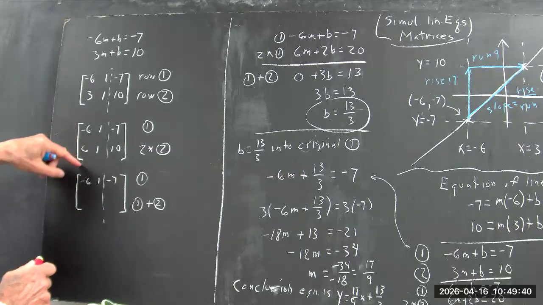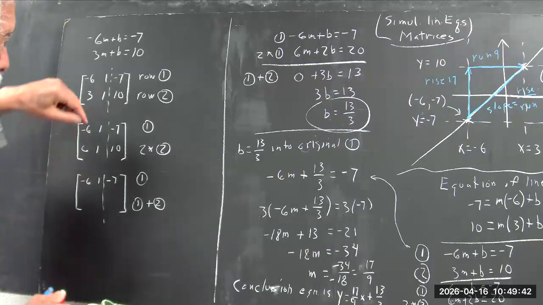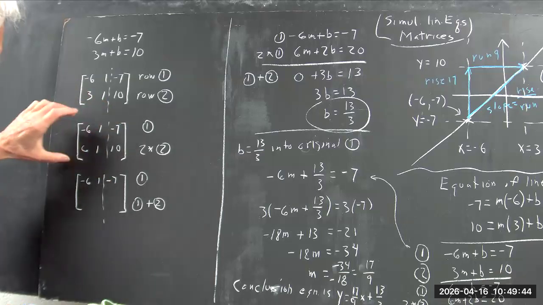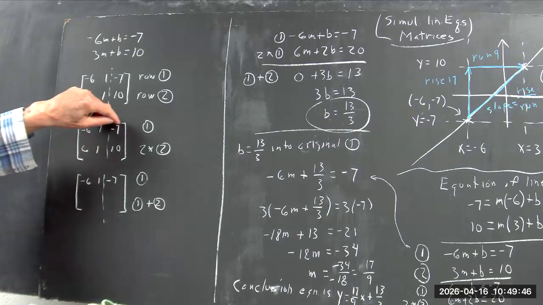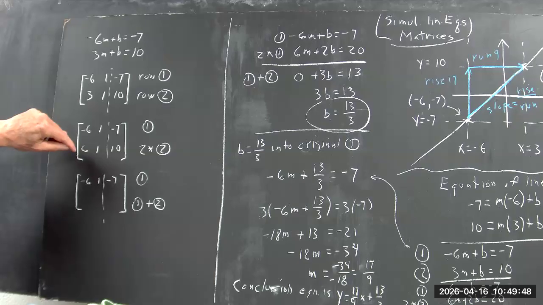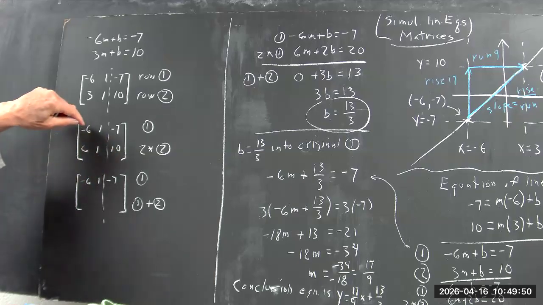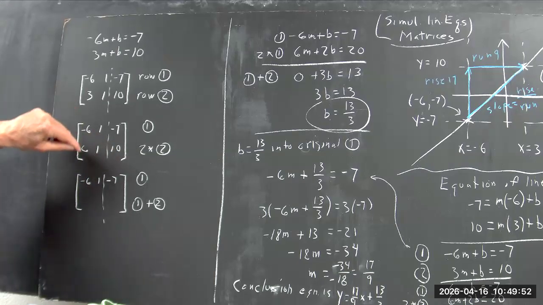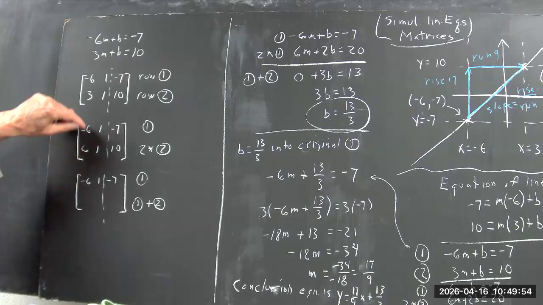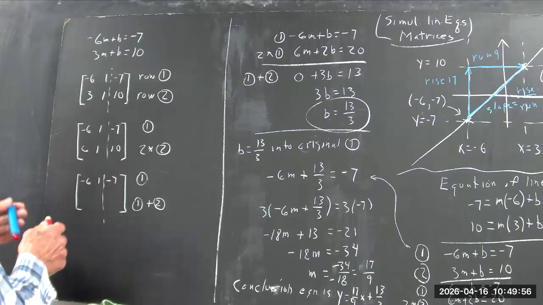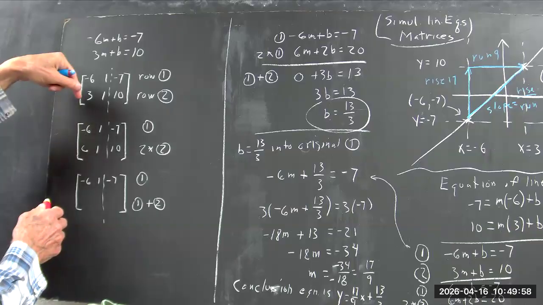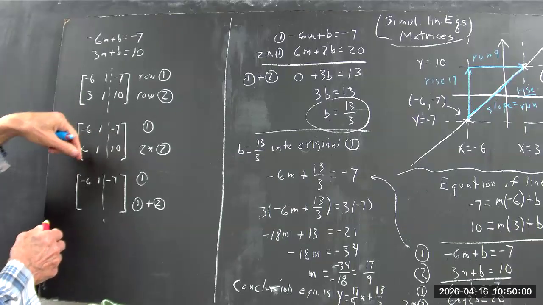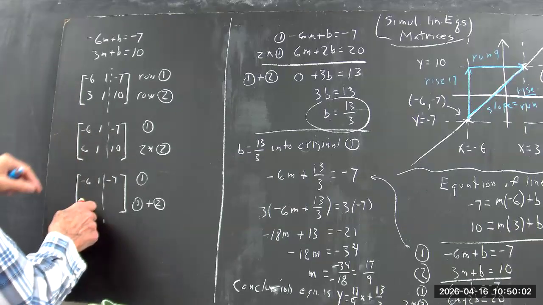If I add row 1 to row 2, in row 1 I have negative 6, 1, negative 7, and in row 2 I have 6, 1, 10. The negative 6 is right above the 6, so in the first column, they add up to 0.